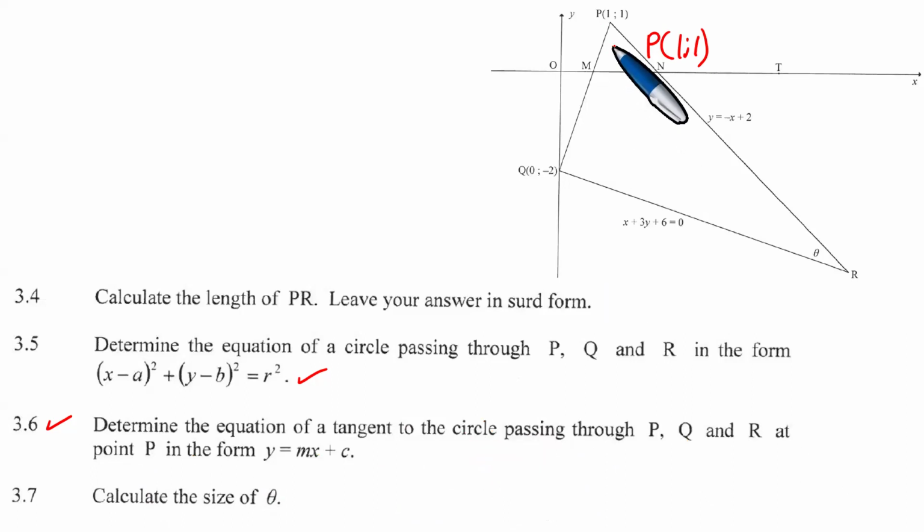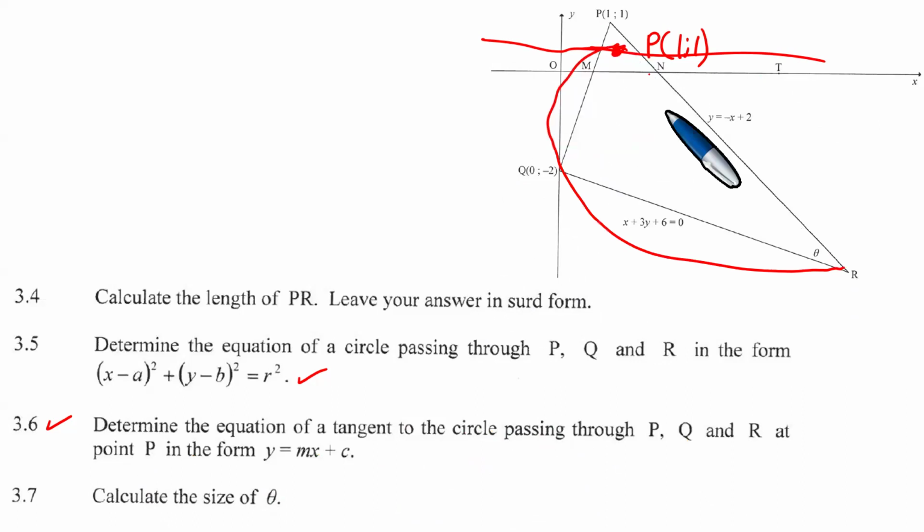Right, P is the point upstairs here, and therefore now there's going to be a tangent at P, which is going to be a tangent to the circle. A straight line like that, and the circle passes through the point P, and you have this kind of diagram. Okay, this is a circle, but it's not to scale. I'm just trying to show the point P is just up there.